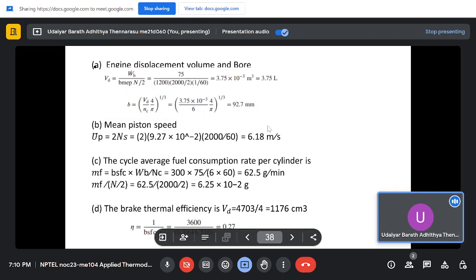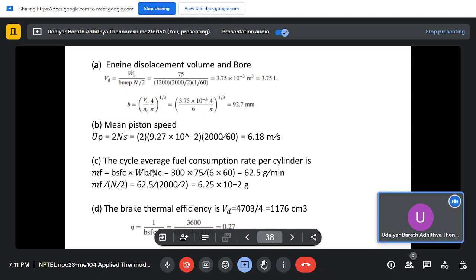So the next question is the cycle average fuel consumption rate per cylinder, or m dot f per cylinder, that's what has been asked. So we know brake specific fuel consumption. Brake specific fuel consumption is m dot f divided by Wb, brake power.